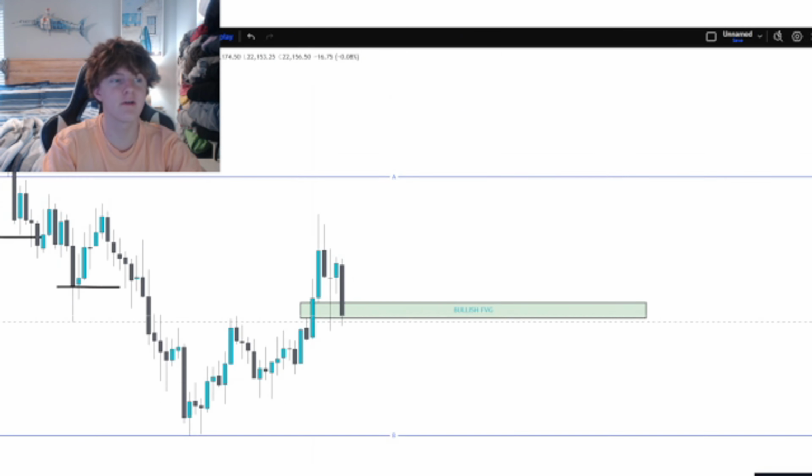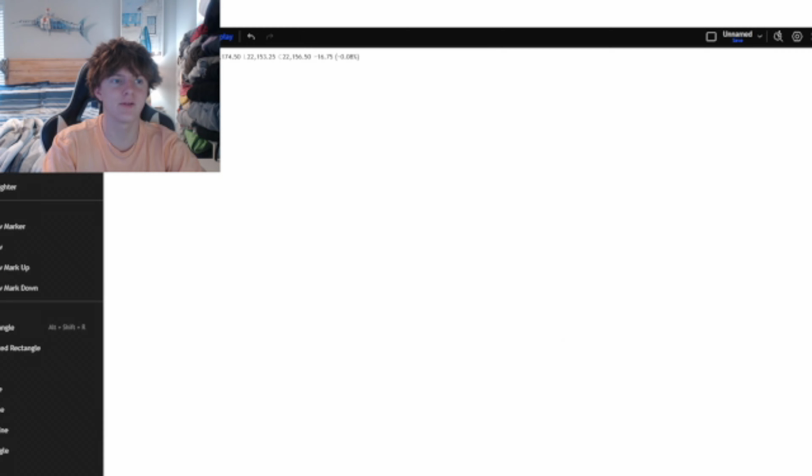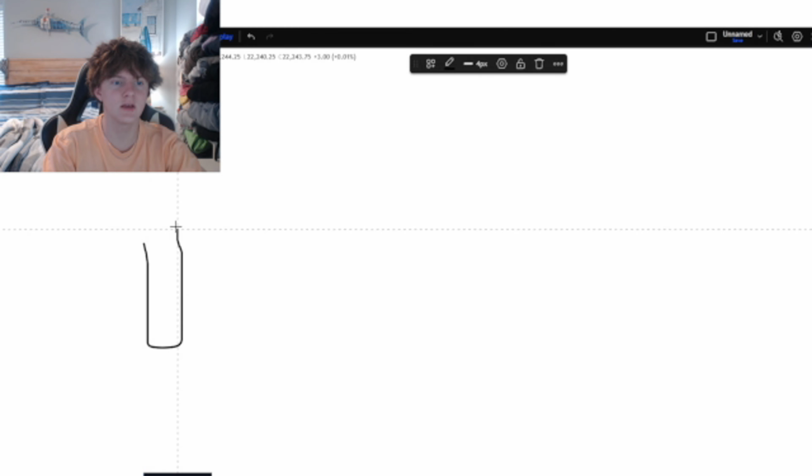If you guys don't know what a fair value gap is, if you're new to trading, fair value gaps are where we have fair value. It's going to be 3 candles moving in one direction, with our wicks.